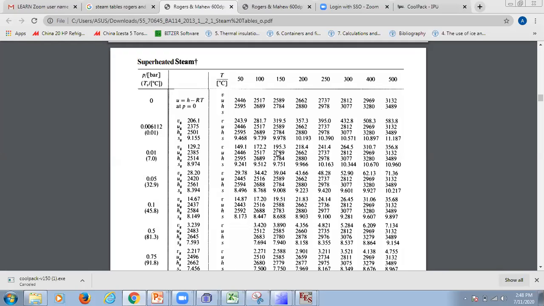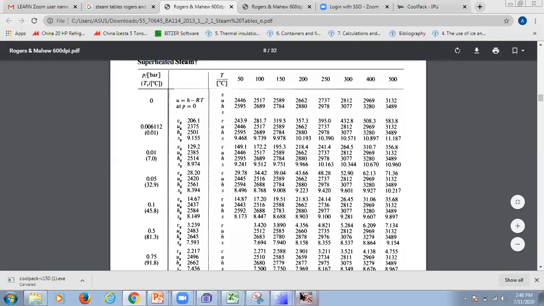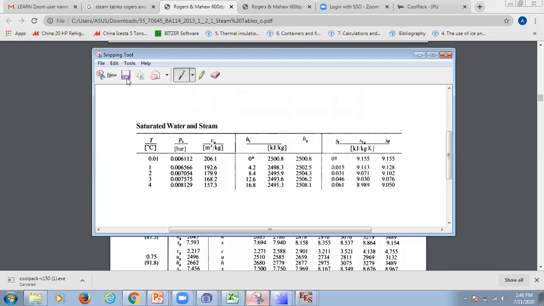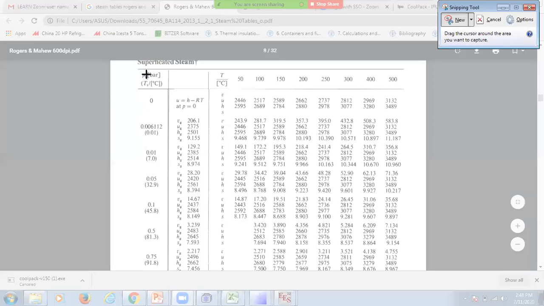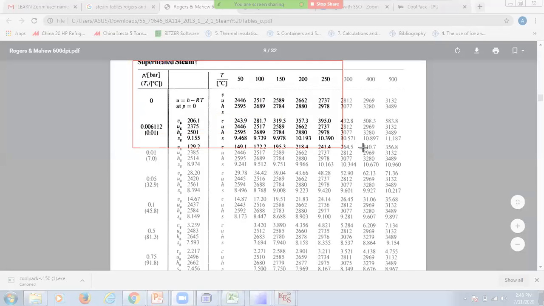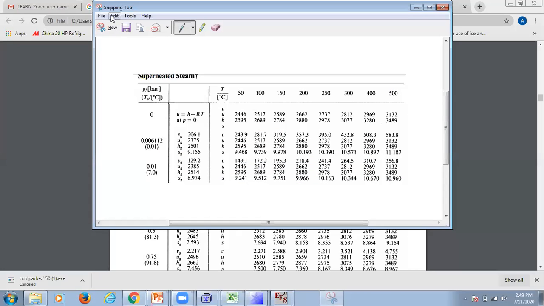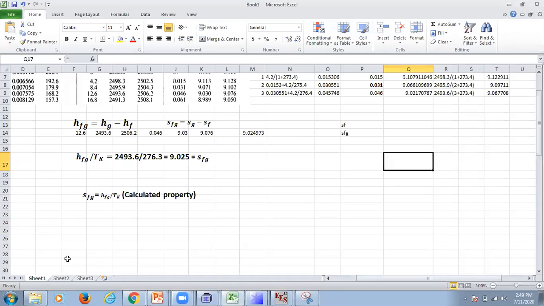Okay. Now let's say I'm going to take a snapshot of this again for the superheated. I will copy this to the same table.